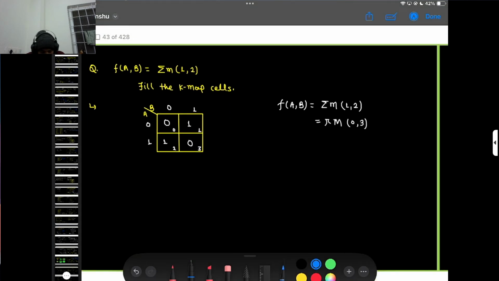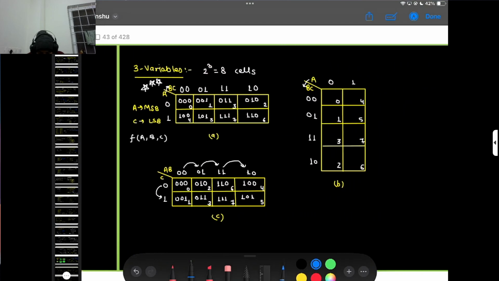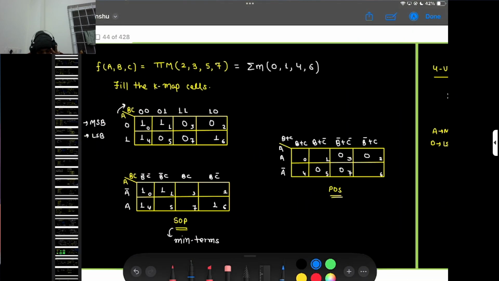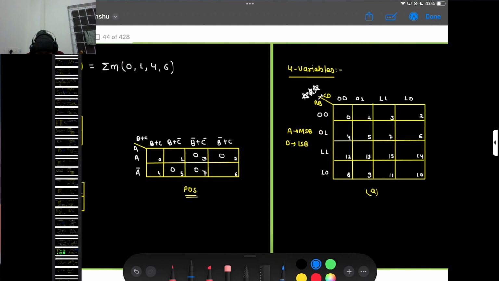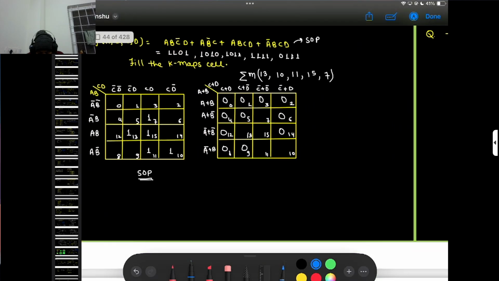F equal to F of A comma B, that is summation, we fill the K-map cells. It's simple. Three variable K-map, and four variable K-map.